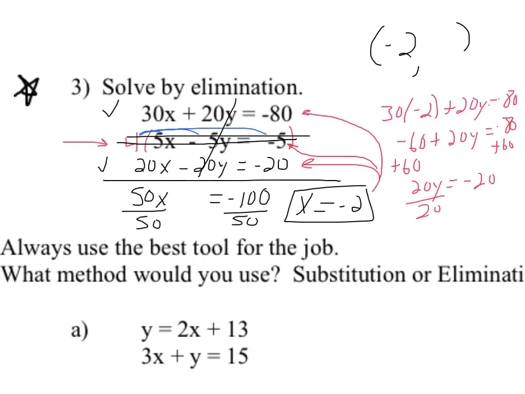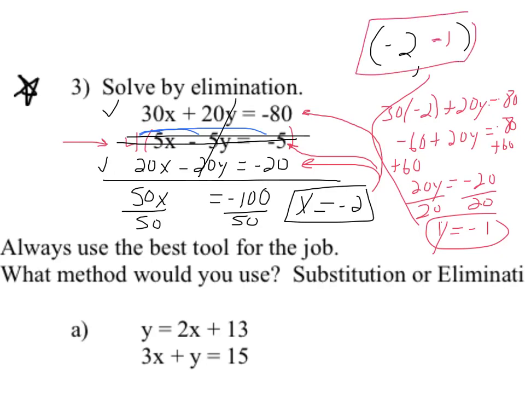Divide by 20, and y equals negative 1. So that is our y value of the coordinate where they would intersect. And this ends section 6, video 2.